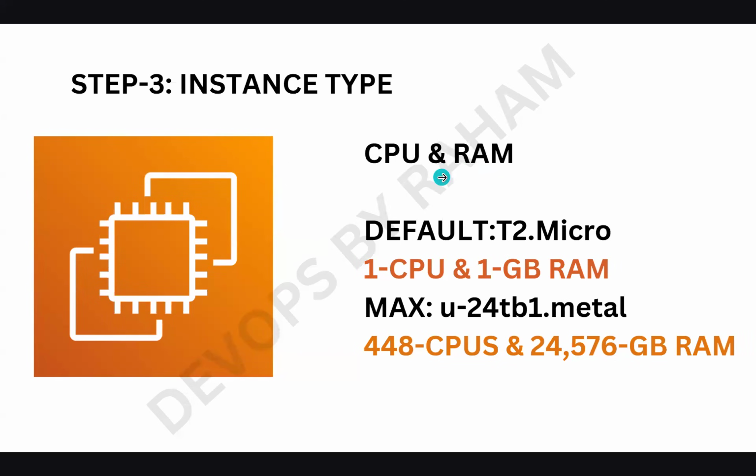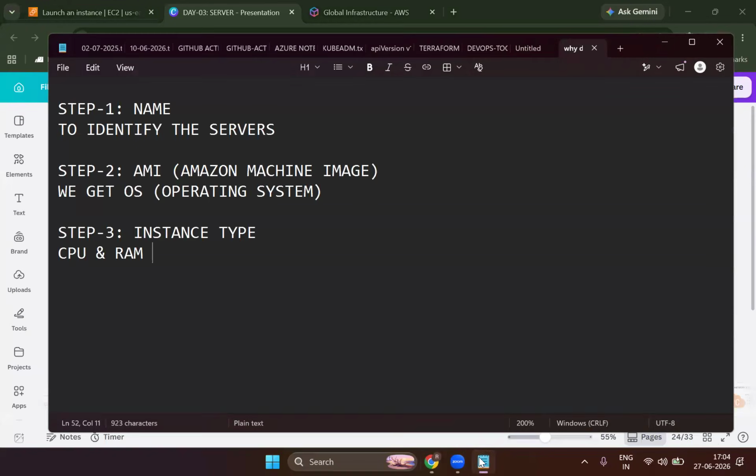What are we going to get here? CPU and RAM. But the question is, who is going to give the OS and hardware here? AWS is giving. Is AWS giving them free or paid? Free only. That is completely free. But some of them are paid. I'll tell you how to use paid in the upcoming classes. So before that, step number 1, names and tags. Step number 2, AMI. Step number 3, instance type.